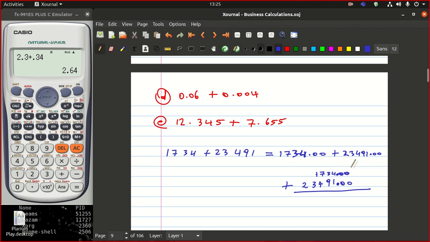The rule is just saying make sure that you align the decimal points with each other, and then you start writing all the numbers that are before and all the numbers that are after. Because 0 means nothing, so I can remove the zeros and just start adding like this. And then where there's nothing, I'm going to put zeros, and then I add, and then a 4 is going to be 5, and then I continue all the way.